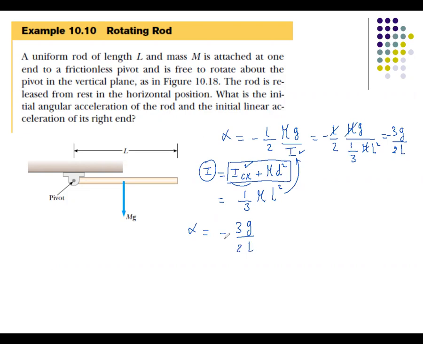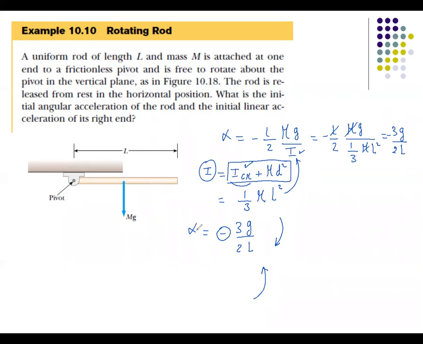This is a vector quantity. What I mean by minus is that the object is moving clockwise. When we have a clockwise rotation, alpha must be negative. If we have anti-clockwise rotation, alpha must be positive.